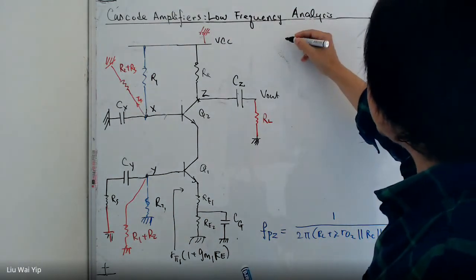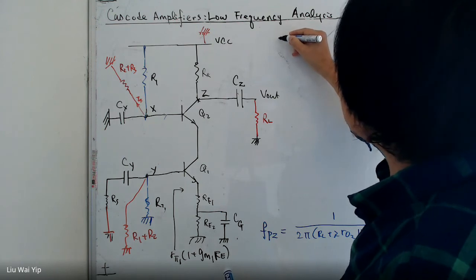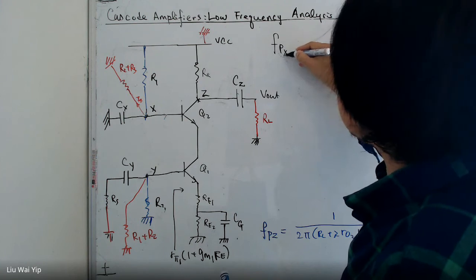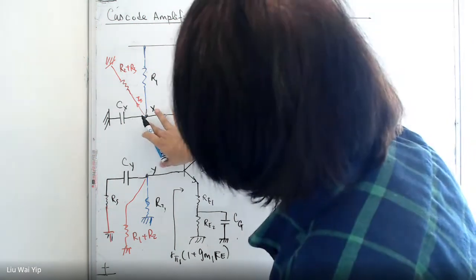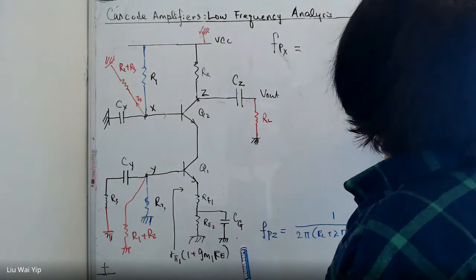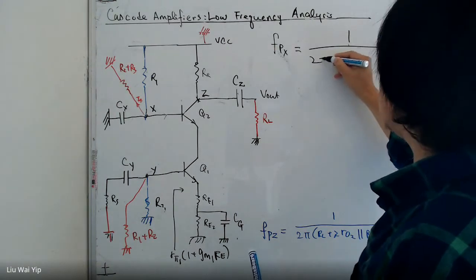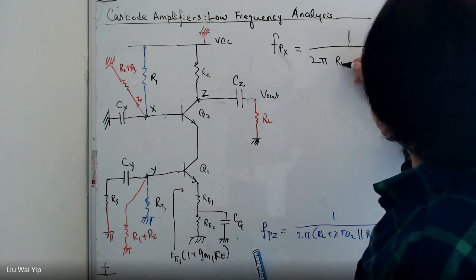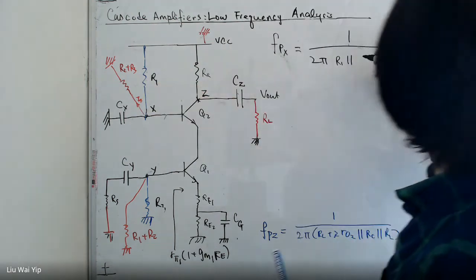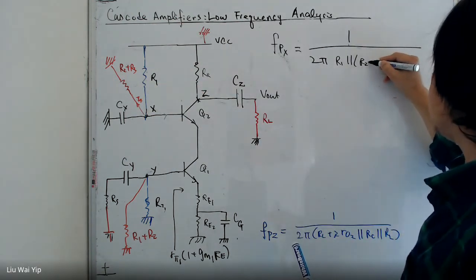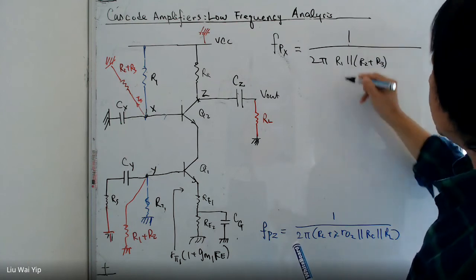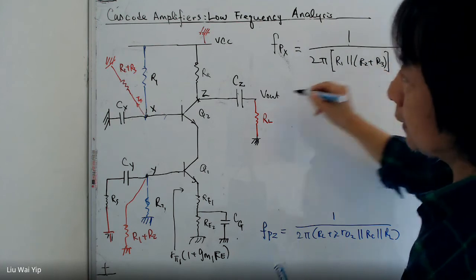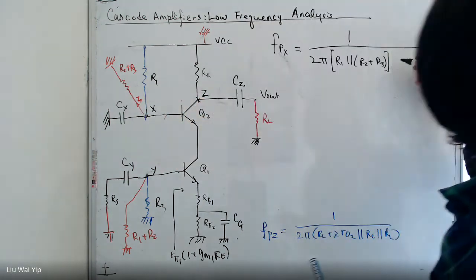The pole associated with CX is FPX, and it will be equal to 1 divided by 2 pi, and then R1 in parallel with these two capacitors, and then the capacitance Cx.